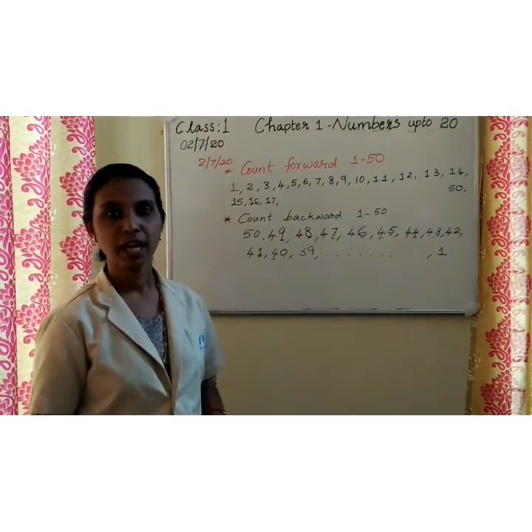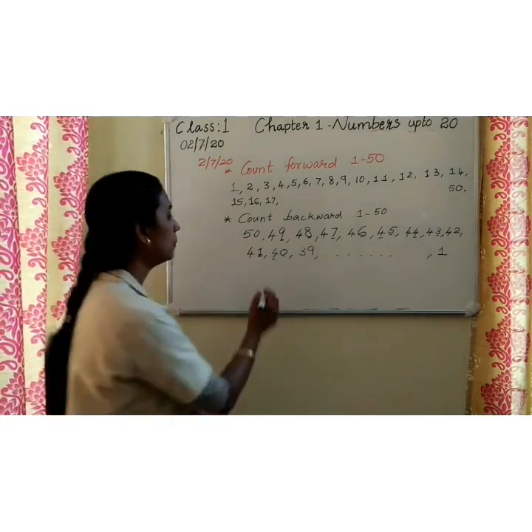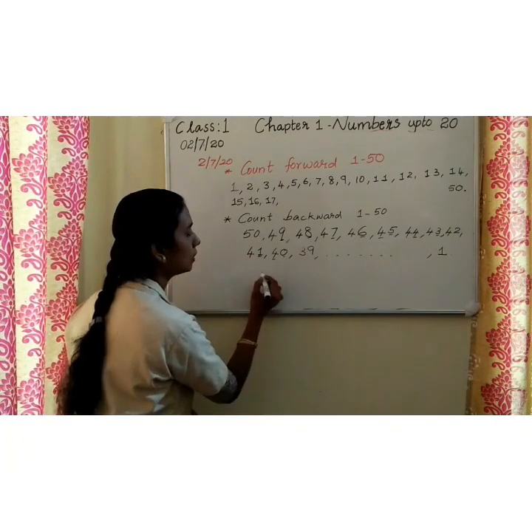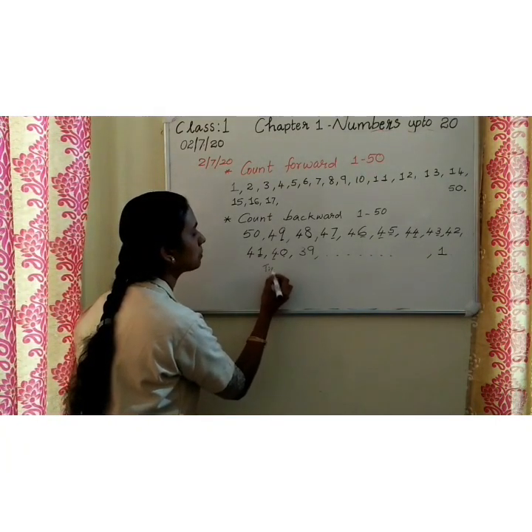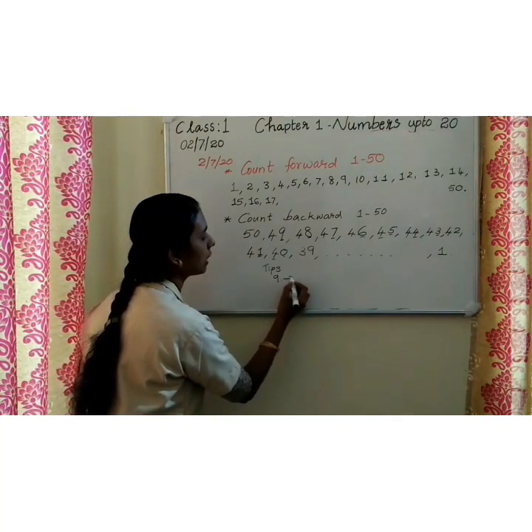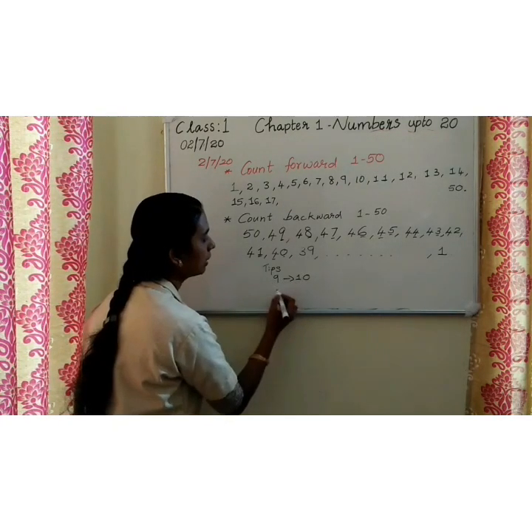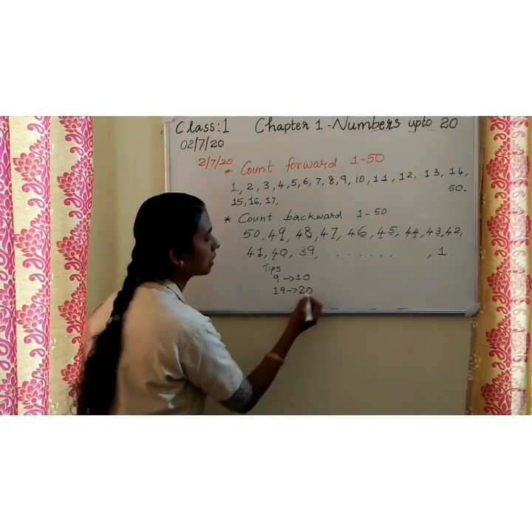Okay. And some easy tips for you. You write this in your notebook. This is an easy tip. You write tips. That means the number after 9 is 10. The number after 19 is 20.